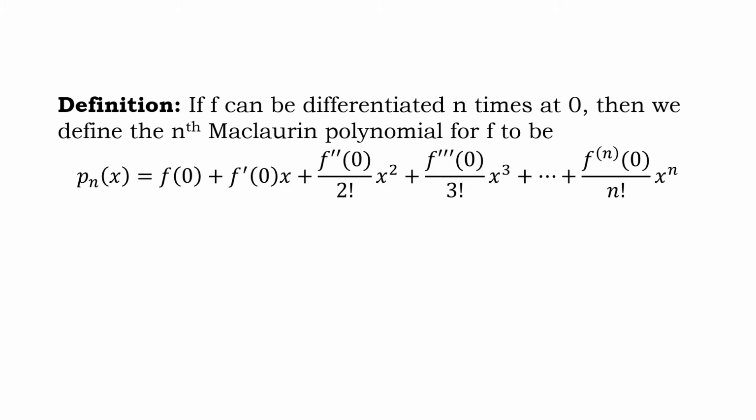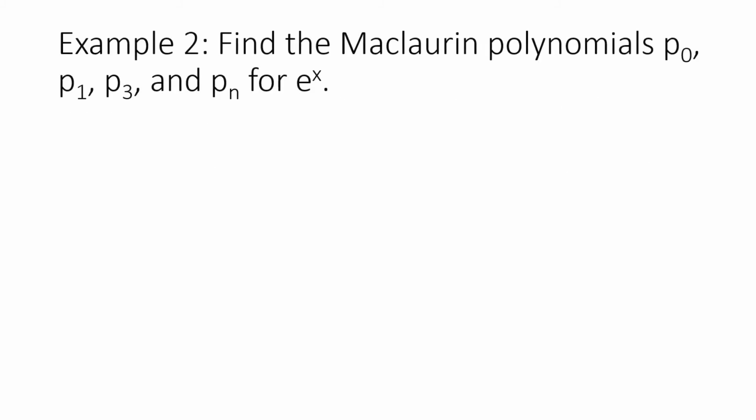Okay, so let's have an example. Find the Maclaurin polynomials p sub 0, p sub 1, p sub 2, p sub 3, and p sub n for e raised to x. So for our solution, in this case, let f of x be e raised to x.